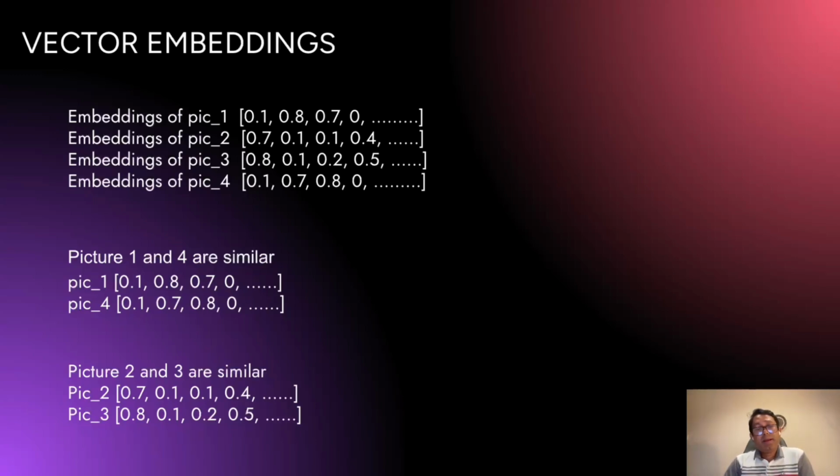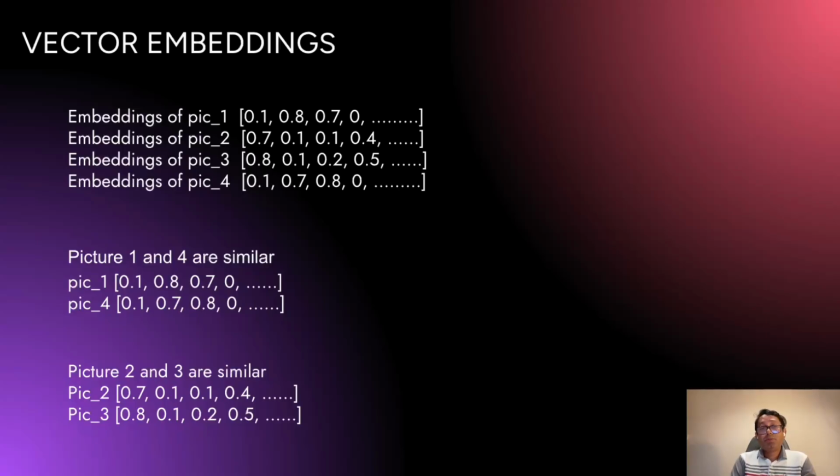The size of the array is considered as the dimension of the embeddings. So far we have used 4 features, so we can consider the number of dimensions is 4. If we compare per dimension, it gives us the impression that picture 1 and picture 4 are similar. If we compare the first dimension, the values are 0.1 here, it matches.